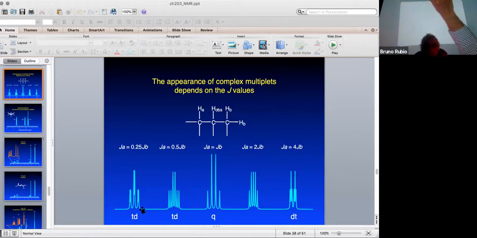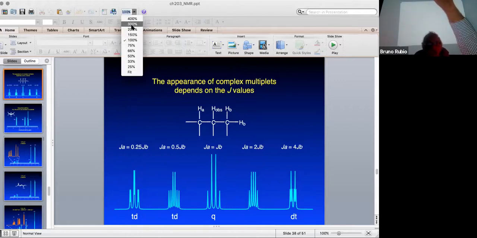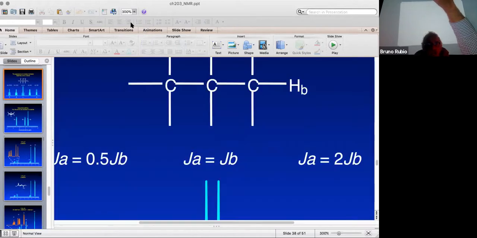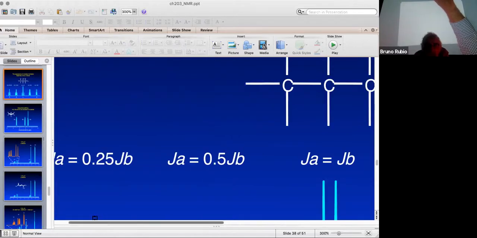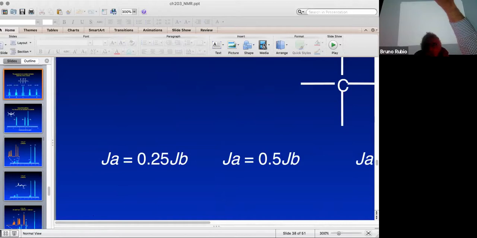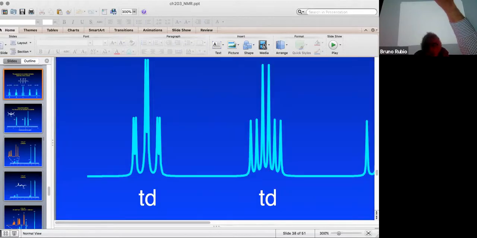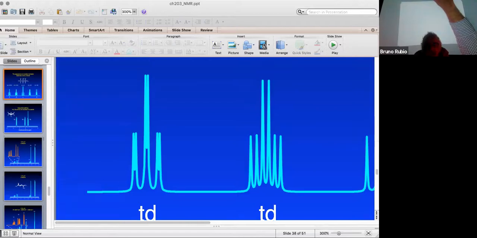Okay, so over here on the extreme left, this is called a triplet of doublets. See, if you squint, this looks like a triplet. But if you zoom in, let me see if I can zoom in. If we zoom in on that thing that looked like a triplet, we see it's not.